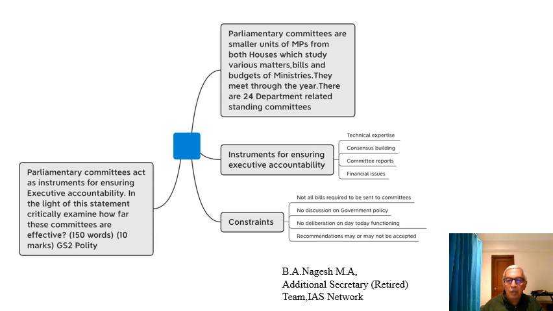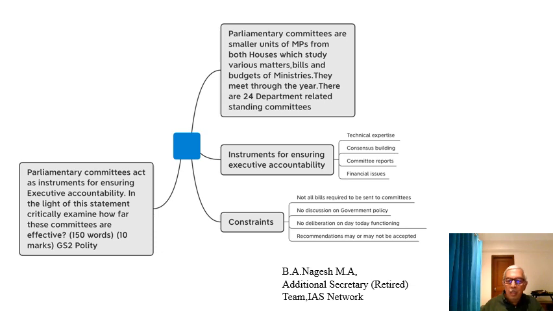Then the parliamentary committees cannot discuss government policy. See, government policy is the prerogative of the executive, that is the Prime Minister and the Council of Ministers. So the committees cannot discuss. For instance, take the background of the corona pandemic. Recently a parliamentary committee asked the concerned stakeholders in the health department to brief them about the status of the vaccine.